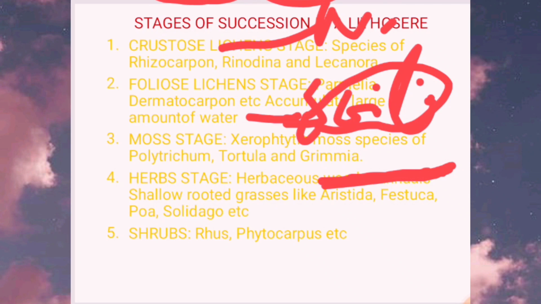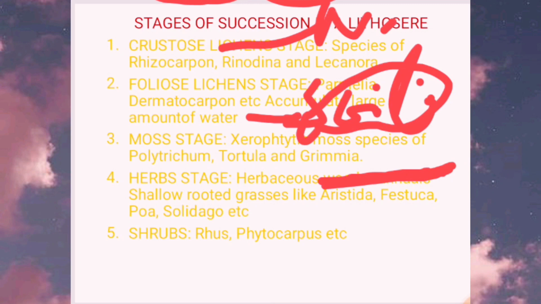Besides herbs, in the herbal stage shallow rooted grasses also come up, like Aristida, Festuca, Poa, and Solidago. After these, shallow grasses also come up in this area.